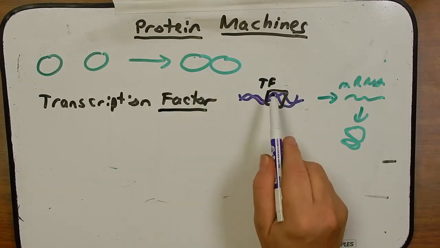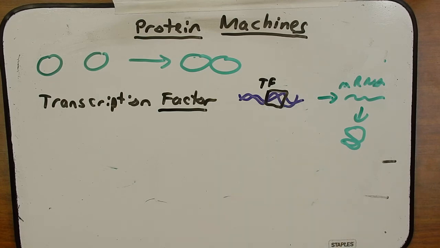So for instance, this transcription factor is not a single protein. It's many proteins. Some factors can have as many as 20 proteins, some with more in them. And I'm not going to draw all the proteins found in this particular transcription factor, but I want to illustrate how these many proteins come together and work as a single unit.